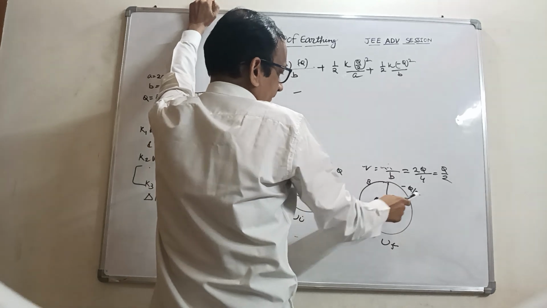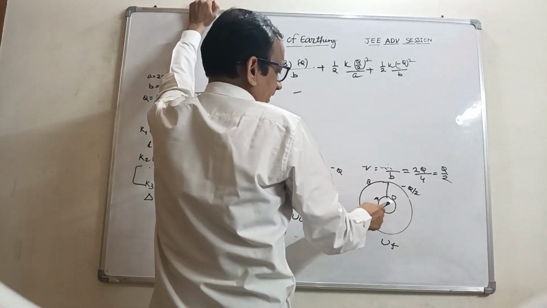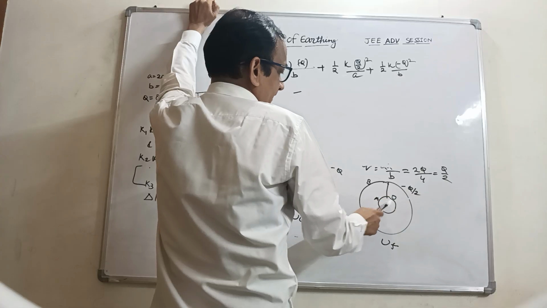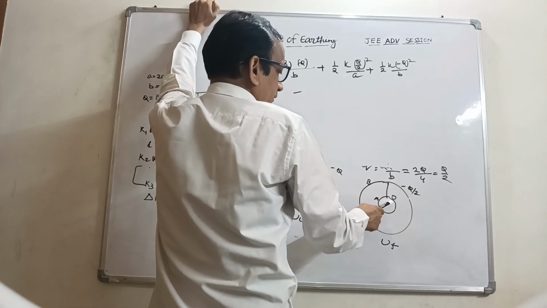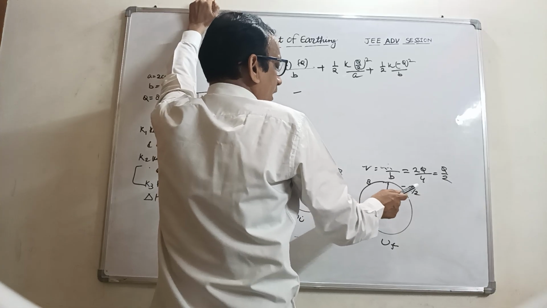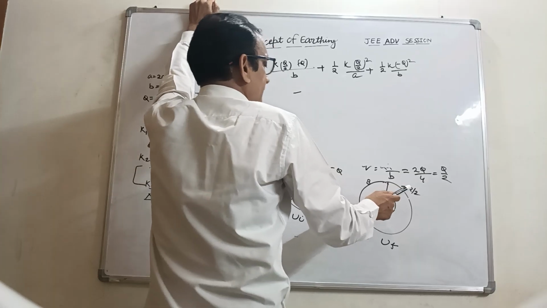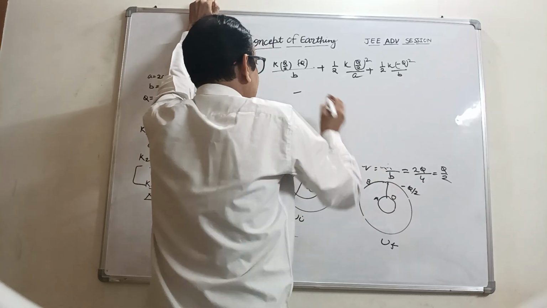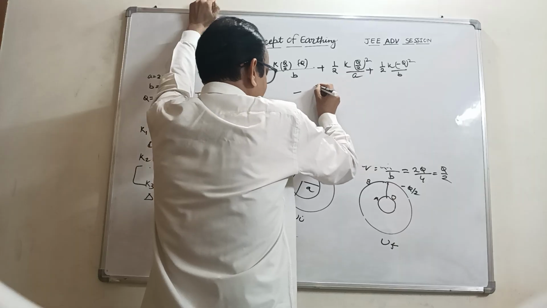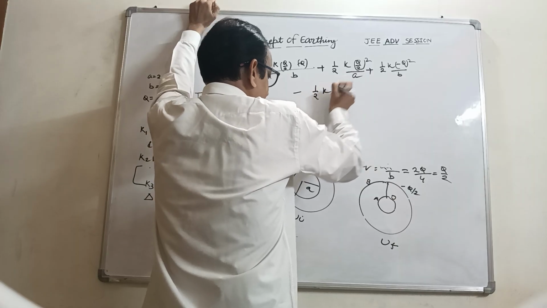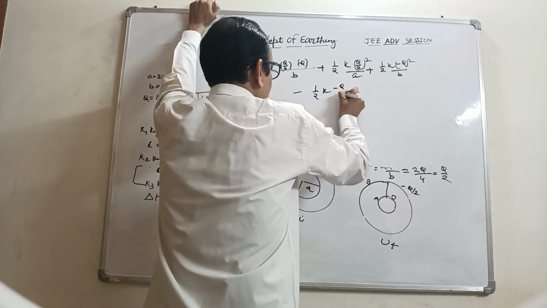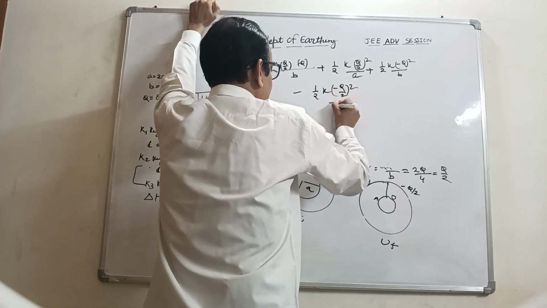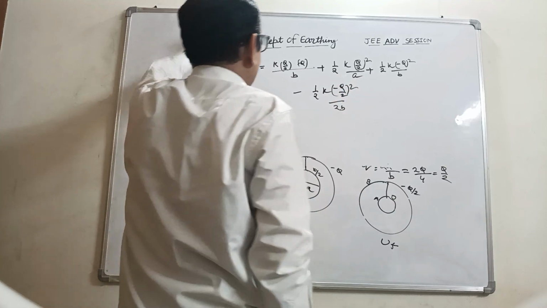Here the potential energy would be 0 because this charge is 0. The self energy of the inner shell is 0 because its charge is 0. Only the self energy due to the outer shell would persist here. So we write here 1 by 2 k (q by 2 minus q by 2) whole square upon 2b. This is the self energy.